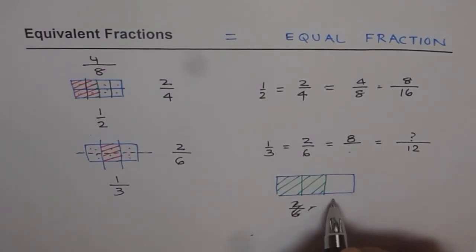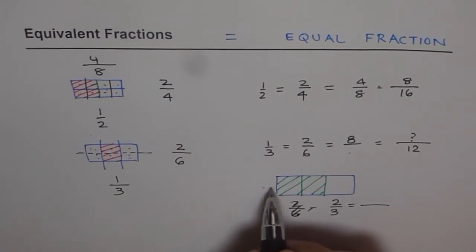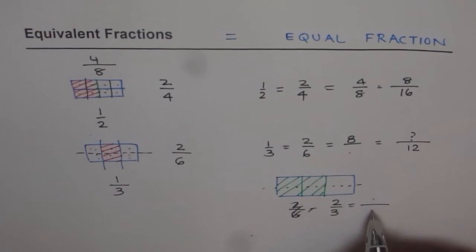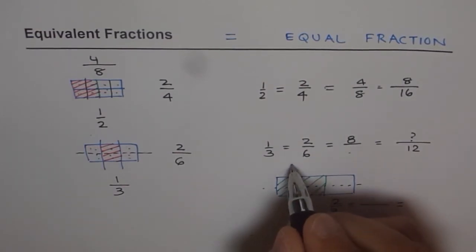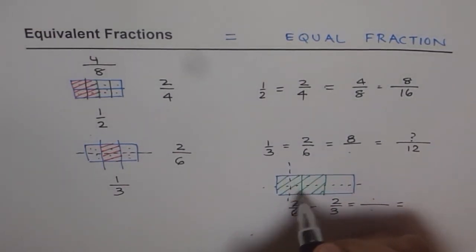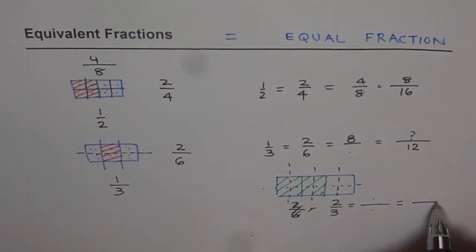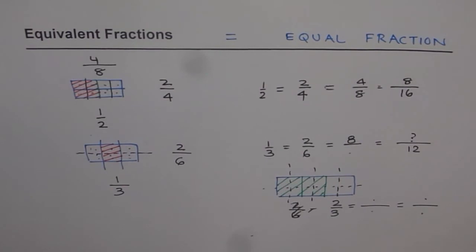Now, if I divide it like this, what fraction is shaded? Write it down. And if I divide it like this, what fraction is shaded? That will be an additional exercise for you to understand what an equivalent fraction is. Then we will see how to use equivalent fractions in different examples.